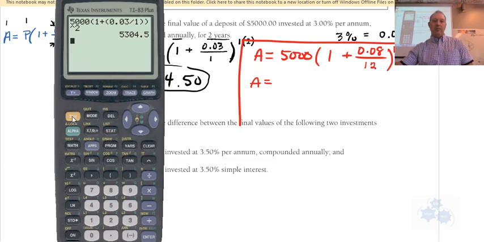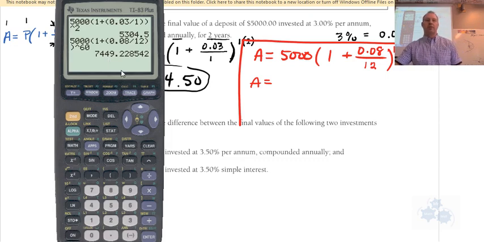So guess what? I am going to do 5,000. I'm going to do 1 plus 0.08 divided by 12. And to the power of 12 times 5 is 60. Okay, so let's see. Looks good. So look at how much you're going to owe after 5 years.